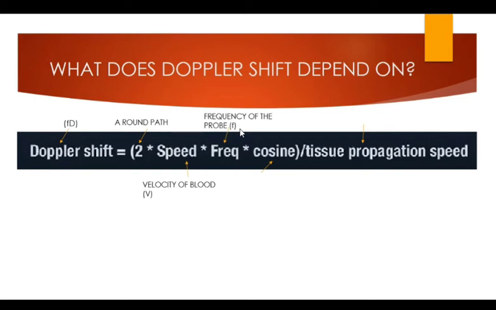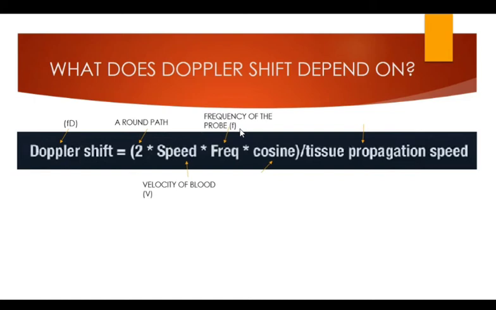And if you don't have the option of switching to another probe, then maybe you can lower the operator frequency on the probe you're using through the machine. So keep that in mind. Again, because a higher frequency is going to give you more of a Doppler shift, lower the frequency to reduce it.